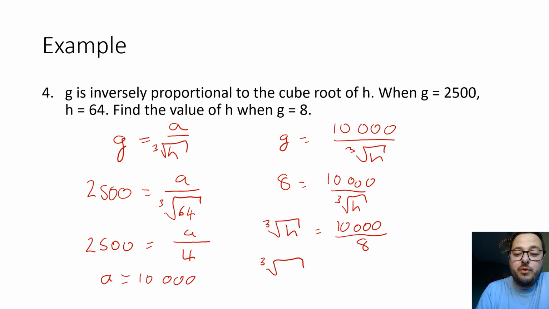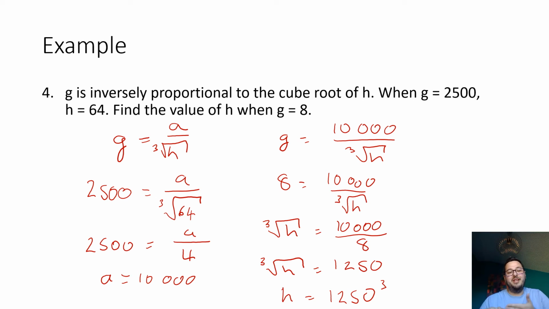So the cube root of h is 1,250, and so to get h we want to cube it, so I won't do it because I probably would fail miserably, is the cube of 1,250. Feel free to pop that in your calculators or spend an hour doing it yourself.